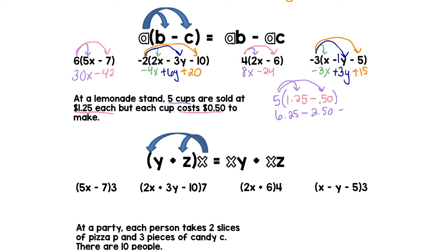We do all of this adding and subtracting, and little Sally makes $3.75 total for all 5 cups.